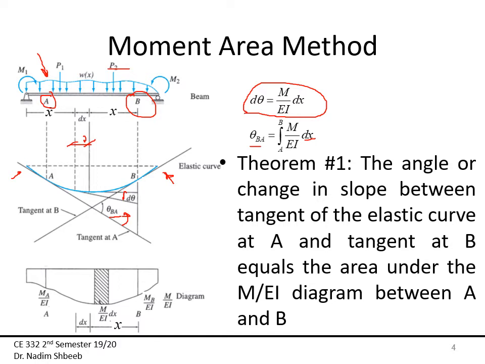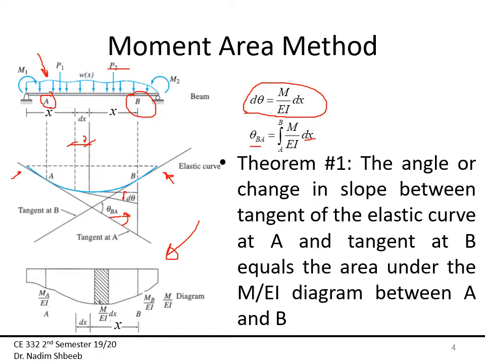Okay, so what does this integration represent to me? So if I go back and look at this figure out here, you can see that this represents the area under the M over EI diagram. So what we usually do, we draw the bending moment diagram, divide that by EI. So this is what we are getting.